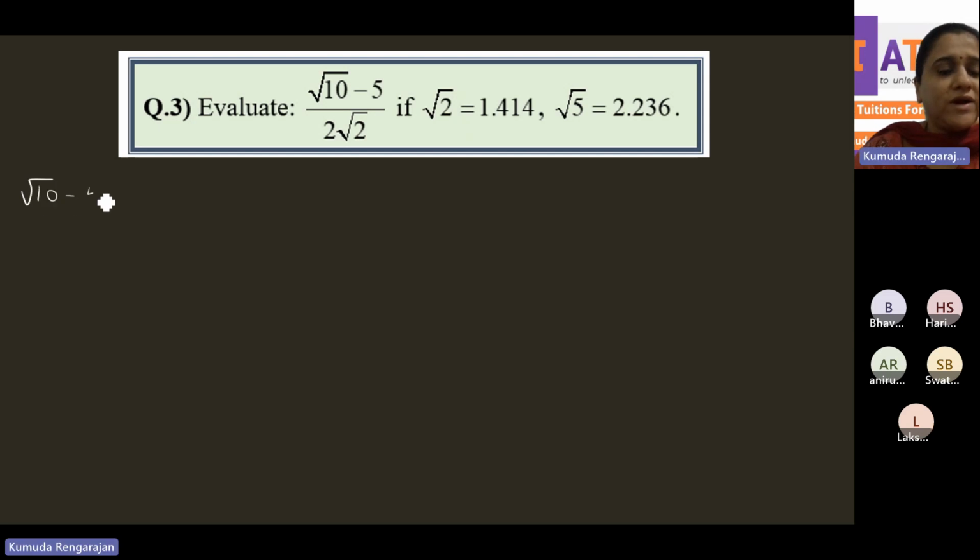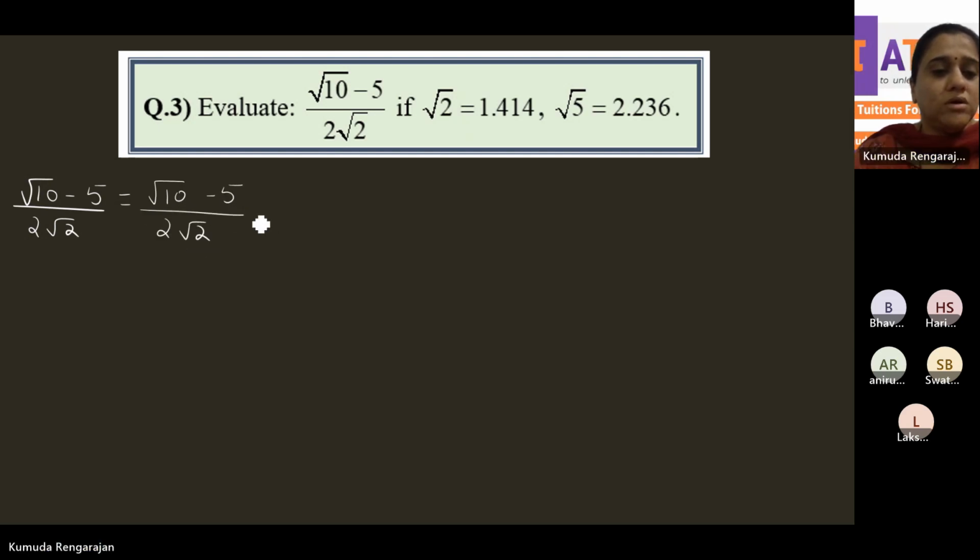Root 10 minus 5 by 2 root 2, okay, so this is what is given to us. This is equal to root 10 minus 5 by 2 root 2 into root 2 by root 2, correct?